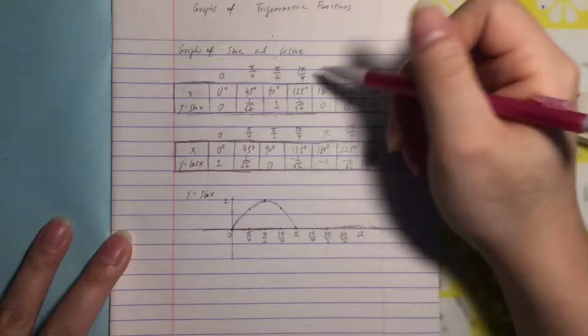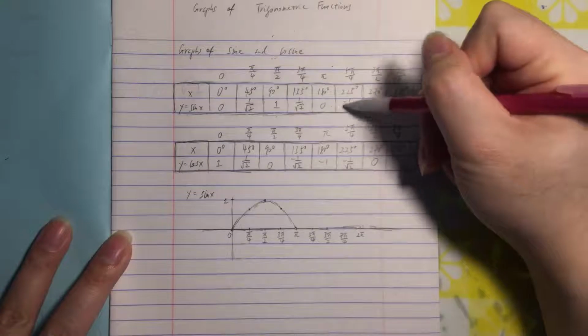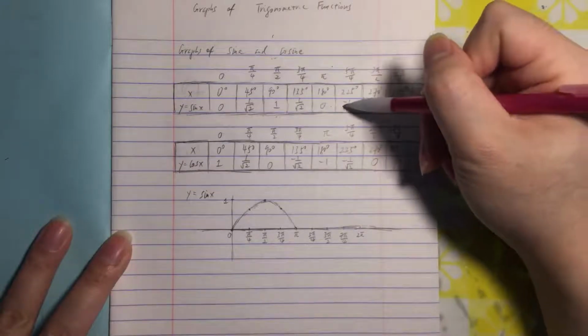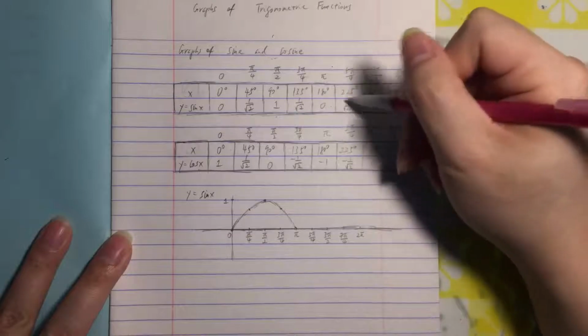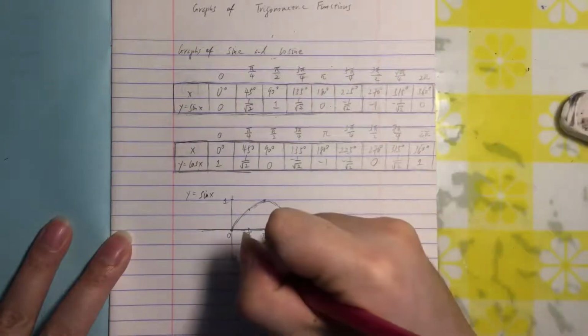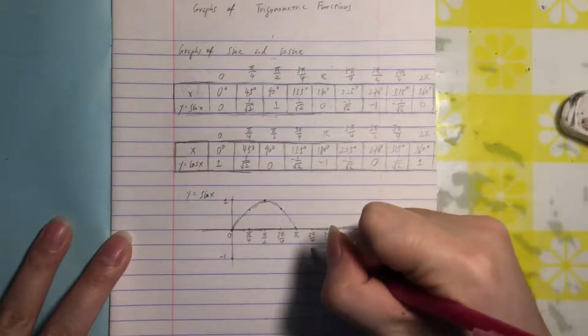Let's continue. When X is 5 pi over 4, Y is negative 1 over radical 2, which is about negative 0.7. Assume negative 1 is here. That's negative 0.7.